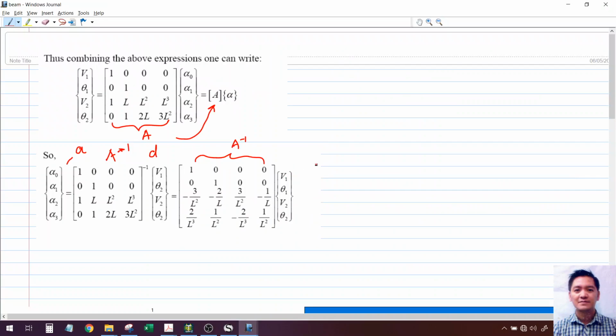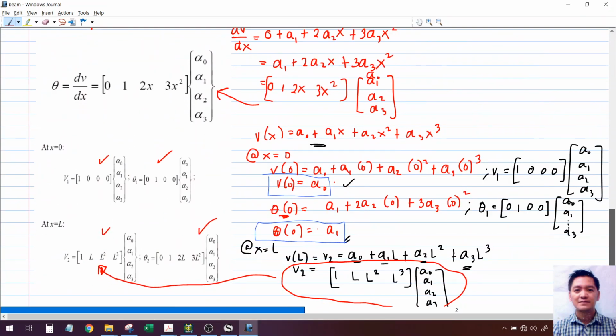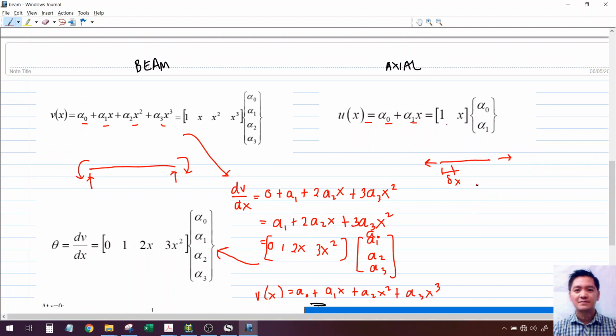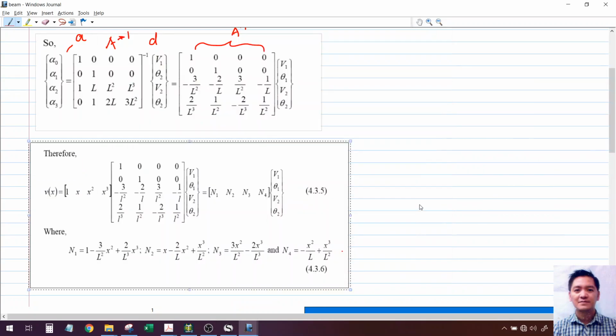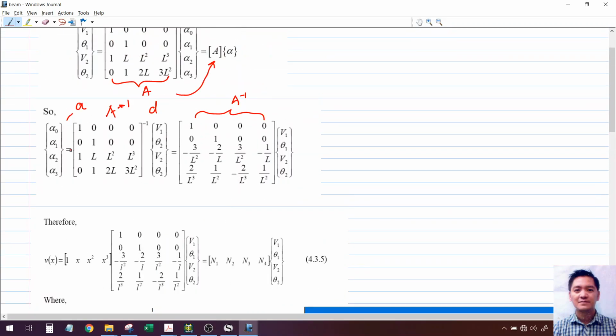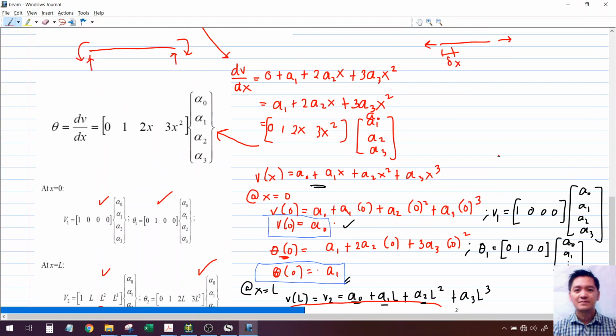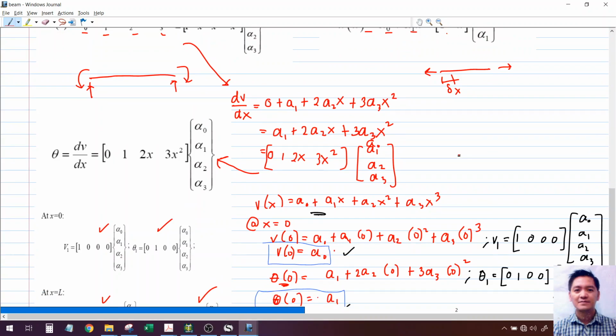But V of X is what? V of X in matrix form is, okay. So, alpha again is, kumbaga, pag nire-write natin to in matrix notation, alpha is A inverse D. So, ito yung displacements natin, which is V1, theta 1, V2, theta 2. But what is alpha? So, from here, ang ginawa natin, alpha is what?